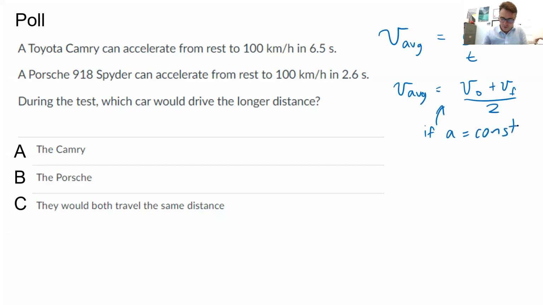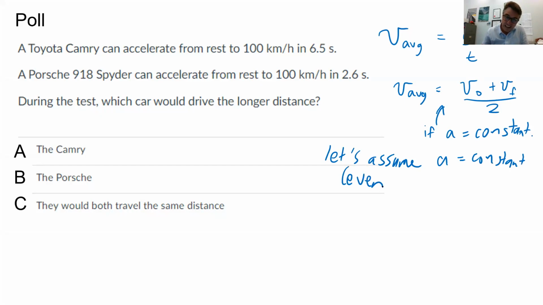There's really no reason for us to think that a car's acceleration should be constant, but let's assume it is constant, even though I bet it probably isn't for a real Porsche or Camry.